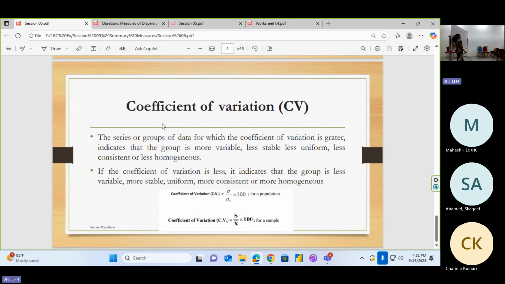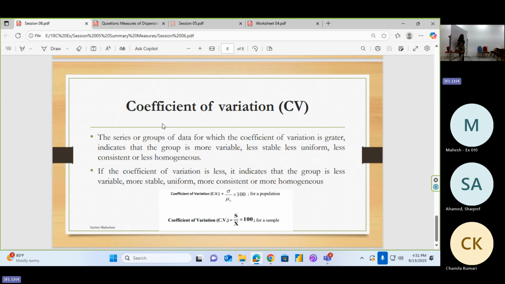You can use the CV value to find out the variation, but here we use two types of measurements. What are the two types? We study central tendency and the measures of dispersion. Here we take the measure of dispersion divided by the measure of central tendency.